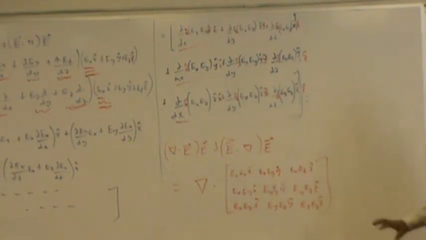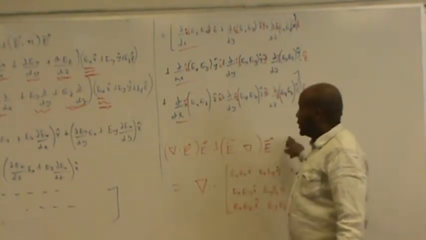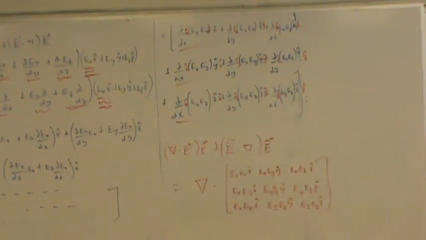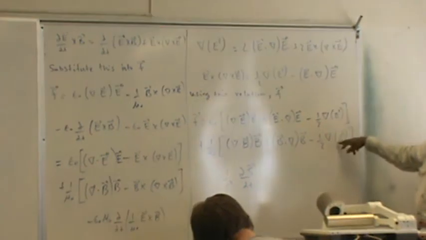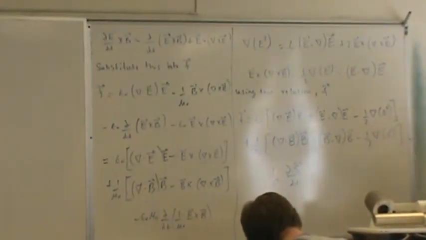So you can write a similar expression for the magnetic field term, which involves B here, and for this term, you can express it using a diagonal matrix, because B squared is Bx squared plus By squared plus Bz squared. So for the electric field, you would have that.